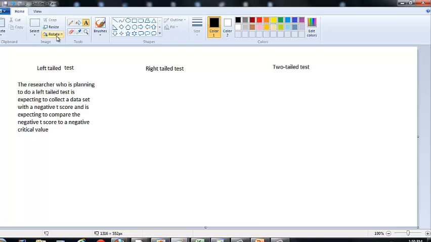So the researcher who's doing a left-tailed test is expecting to get a combination of participants that will have a t-score at the left end of the curve, or at the negative end of the curve. The t-score at the center is 0.